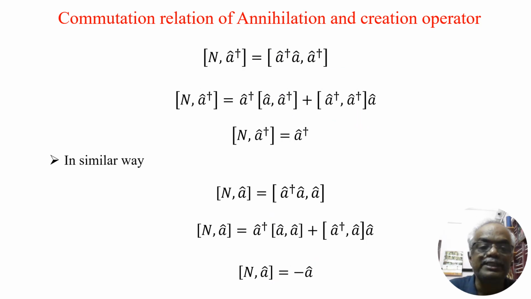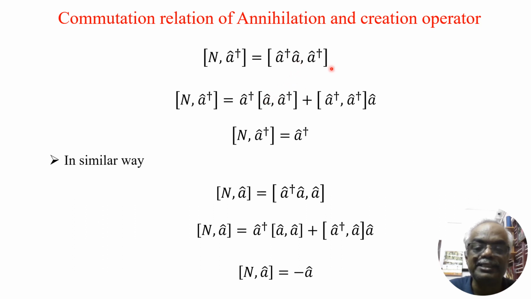Now we will see some more relations about the commutation relation. Commutation of the number operator n with a dagger is equal to... the reason I will explain at the end of my lecture, why it is called the number operator. So the number operator is a dagger a, commuted with a dagger. Using commutator expansion, the a dagger on the left will become a dagger, then this will be a dagger.